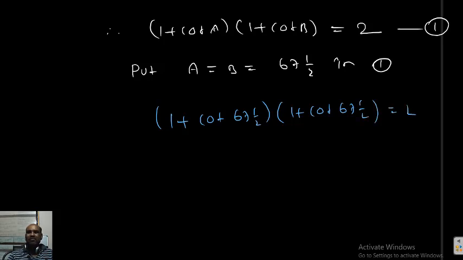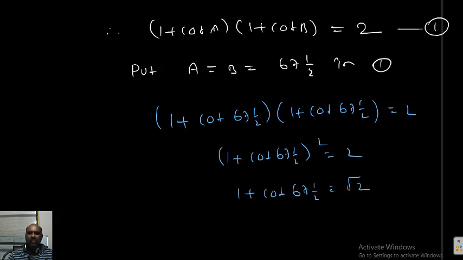Just like a into a equal to 2, a square equal to 2, I can say cot 67.5 degree whole square equal to 2. In other words, I can say that 1 plus cot 67.5 degree equal to root 2.